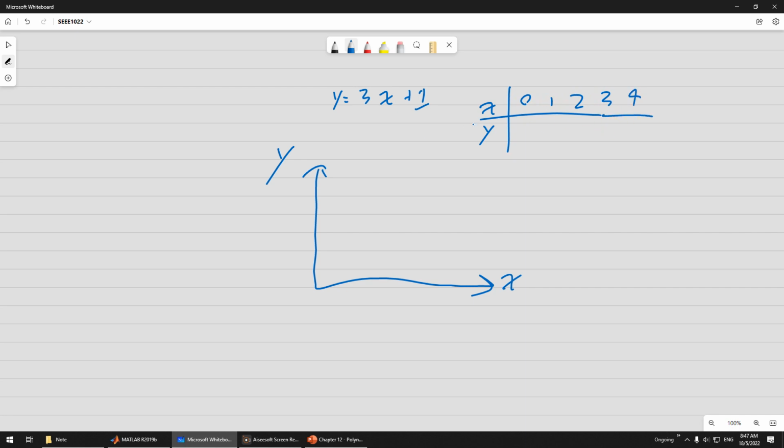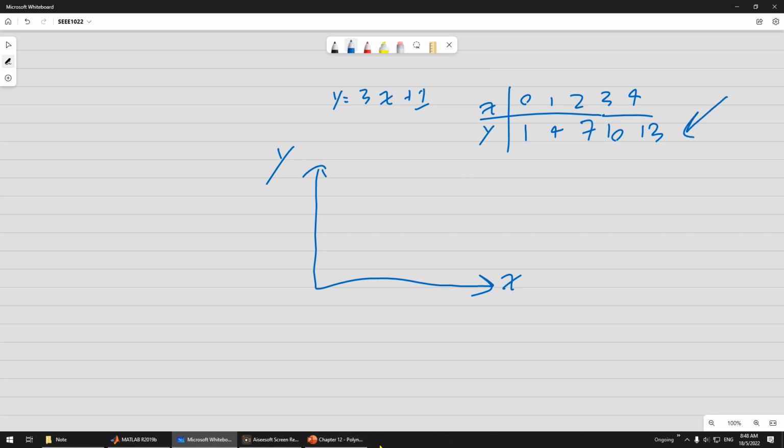Basically you evaluate the value of x. So 0 gives 1, 1 gives 4, 2 gives 7, 3 gives 10, and 4 gives 13. So this is the function of Polyval, just to evaluate this.